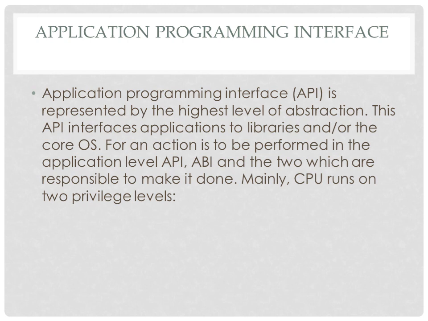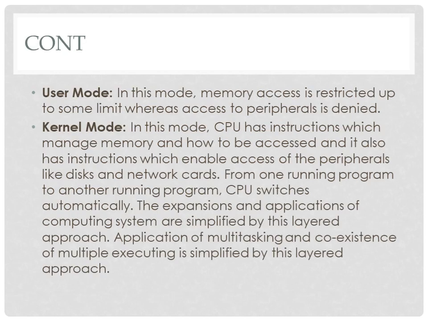For an action to be performed at the application level, the API, ABI, and ISA are responsible for making it done. Mainly the CPU runs in two privilege modes: user mode and kernel mode. In user mode, memory access is restricted to some limit, whereas access to peripherals is denied. In kernel mode, the CPU has instructions which manage memory and how it is accessed, and it also has instructions which enable access to peripherals like disk and network cards.